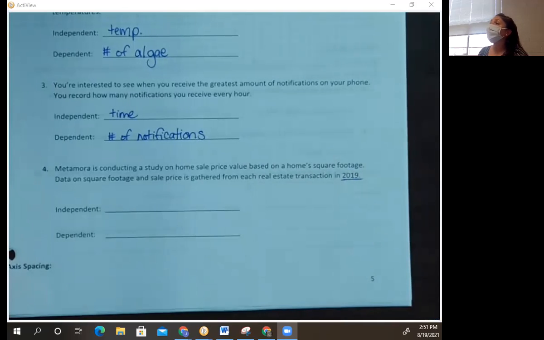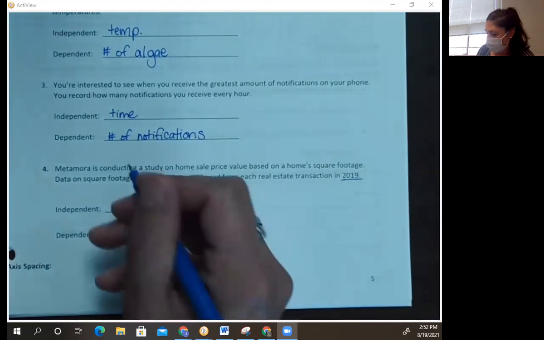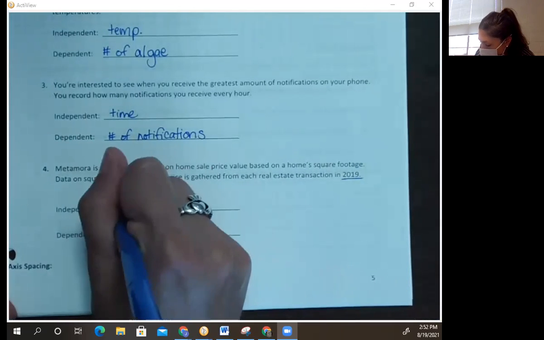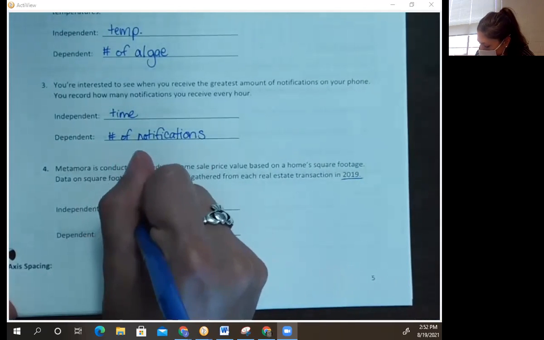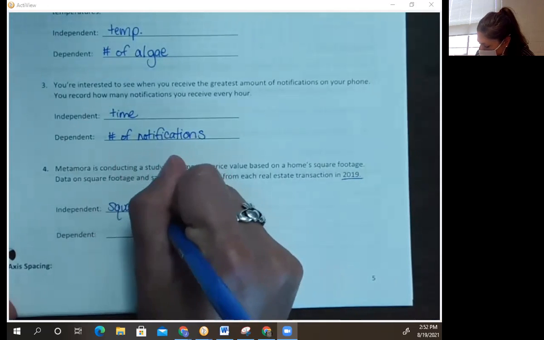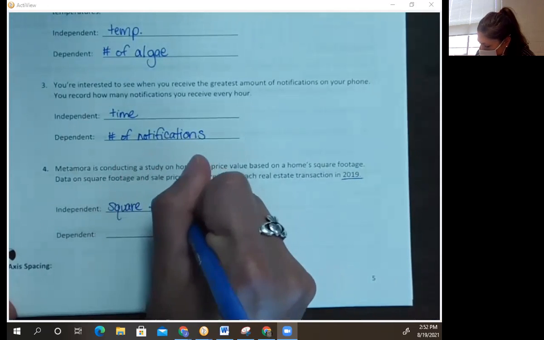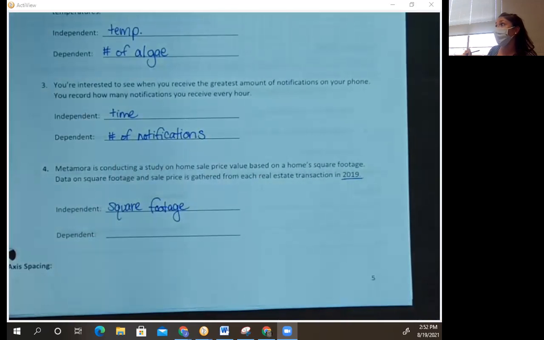If I were curious if that value per square foot had changed over time, then year. But here, square footage, right? My hypothesis is that the size of a house impacts its sale price. So our independent variable would be square footage. And our dependent variable, the home sale price.